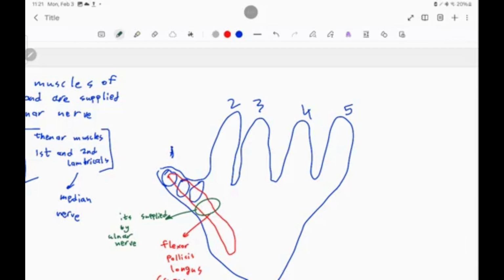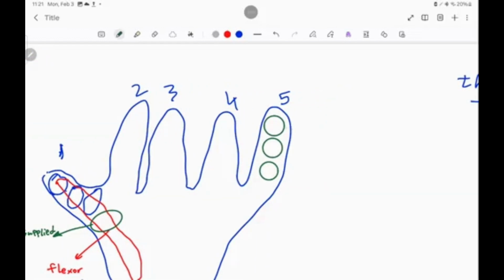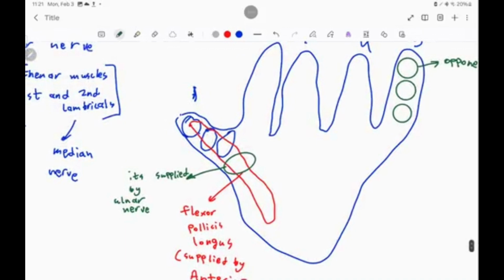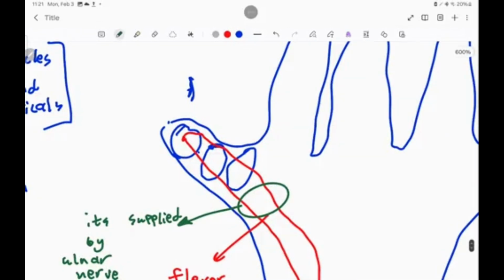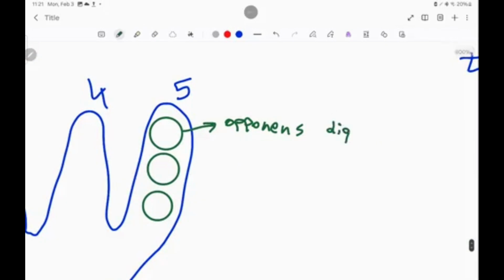The ulnar nerve. Okay. Here is the first, here is the second, here is the third. And there will be a fourth also. Opponens digiti minimi, similar to that of the thumb, opponens pollicis, but here opponens digiti minimi. Abductor digiti minimi.